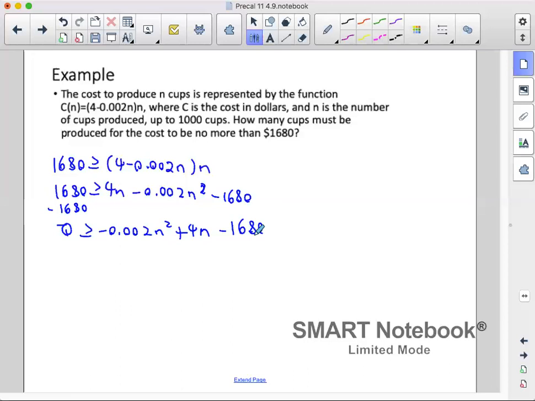At this point, based off of what I see here, I would just go straight to the quadratic formula. So I've got negative b plus or minus the square root of b squared minus 4ac, divided by 2a.